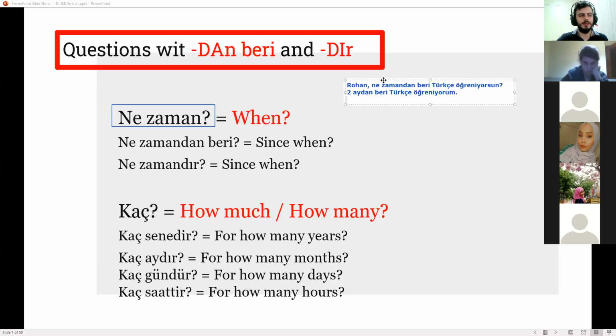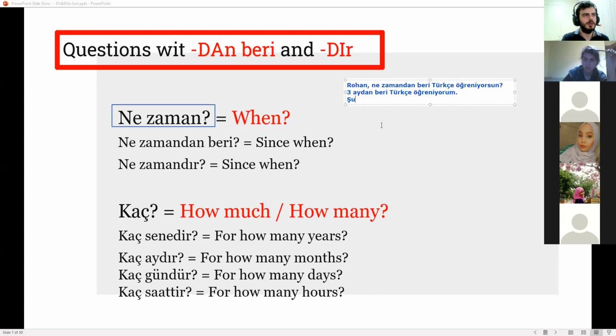Which month yani? When did you start learning? Şubat. March. What is March? Şubat'tan. Let's say Şubat, because we gave an example with March.